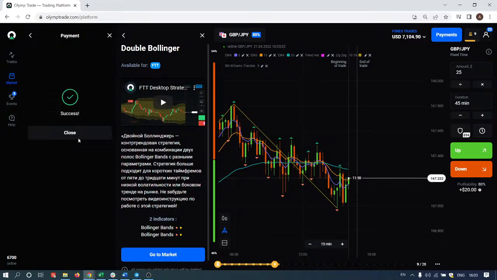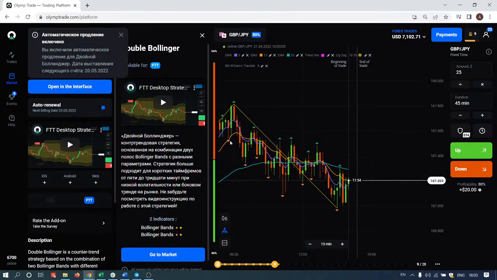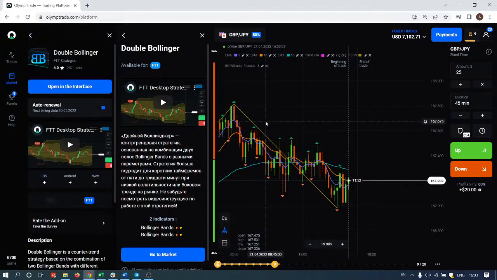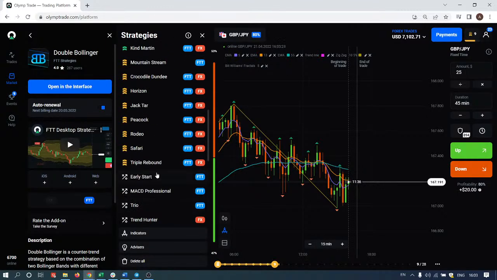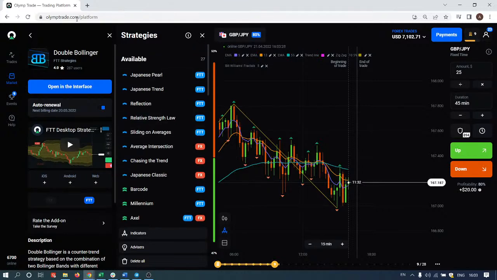I press confirm payment and success, and the strategy should become available. So I've activated this trading strategy, and I should press open in the interface.